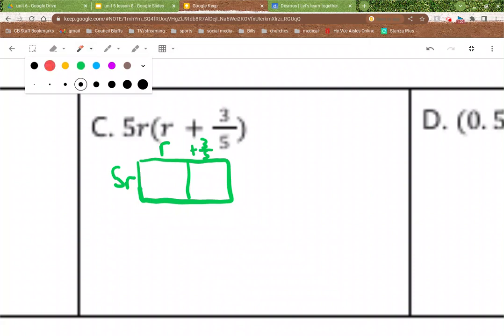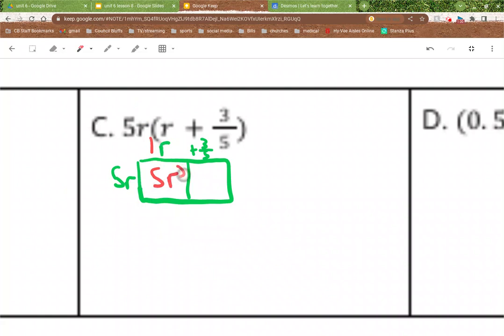So that one is going to be, let's see, this first one is 5 times 1, which is 5. And then R times R is R squared. So 5R squared. And then 3/5 times 5R.